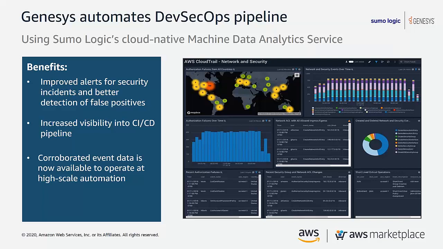They also found that the alerts they were getting after this were better, and they were seeing fewer false positives and had enhanced visibility into their CI/CD pipeline. Overall, as a business, Genesys benefited with the ability to build their core software faster and worry less about security by leveraging Sumo Logic and automating a lot of their work.